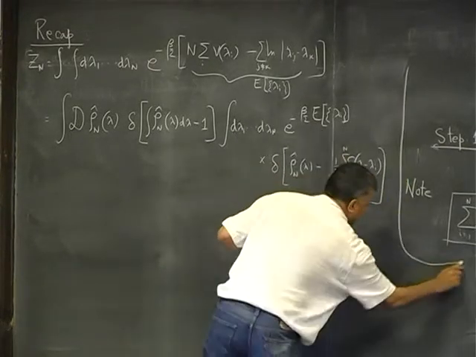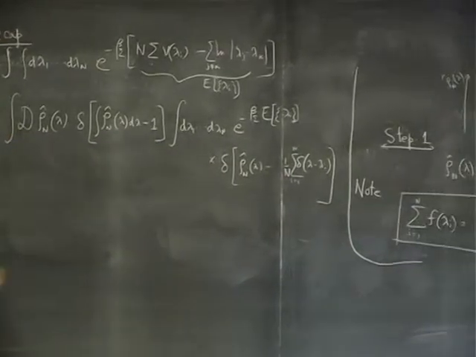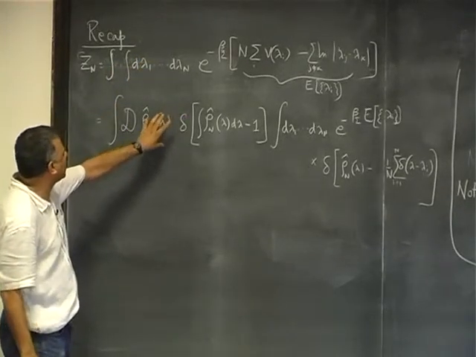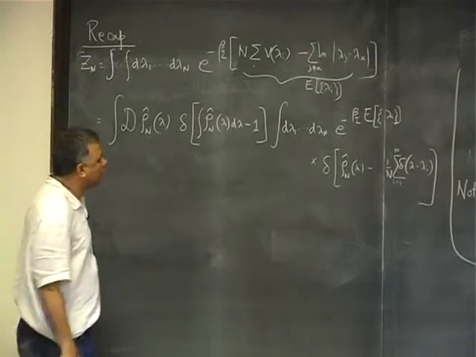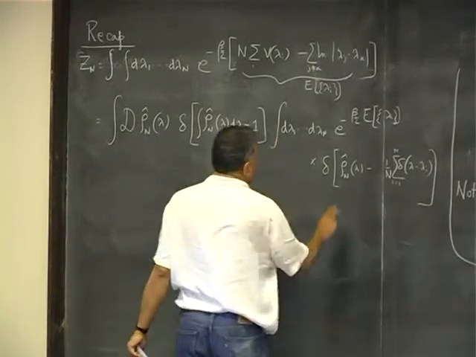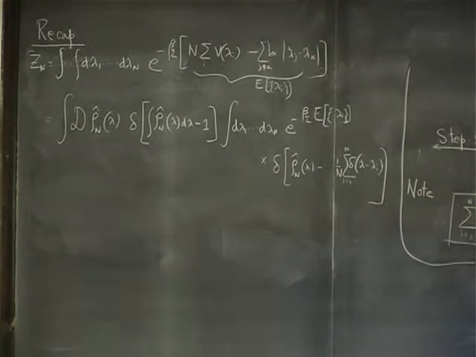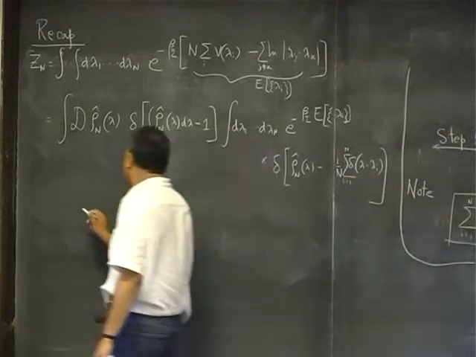So let me explain now. What did I do? I want to do the same multiple integral. I'm rewriting the multiple integral in a slightly different way. How? First, even though for finite n this will be like a delta function, in the large n limit this will be a somewhat smooth function.